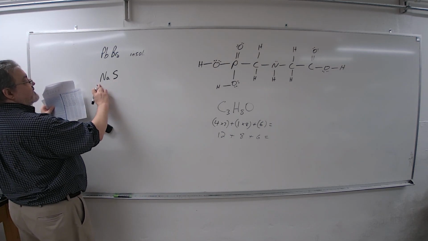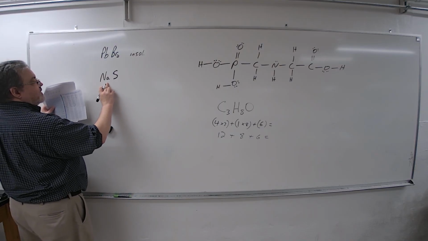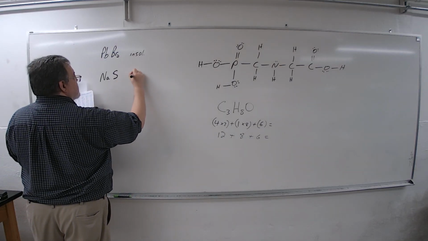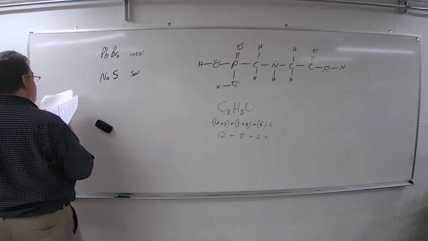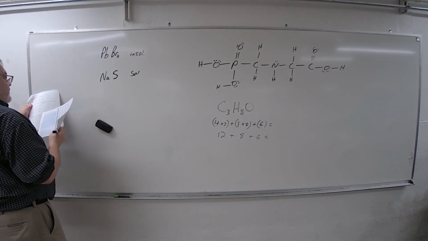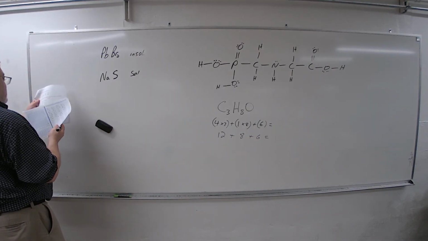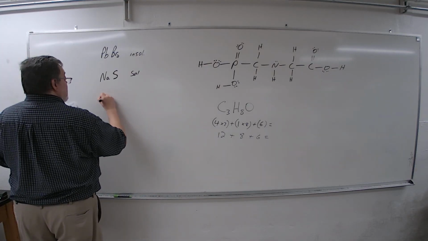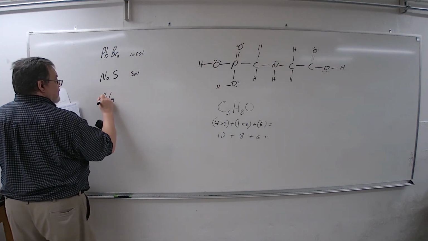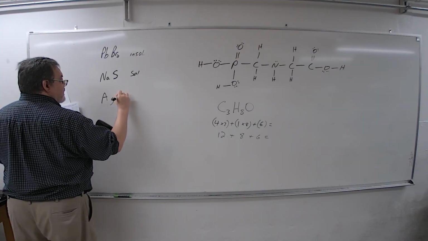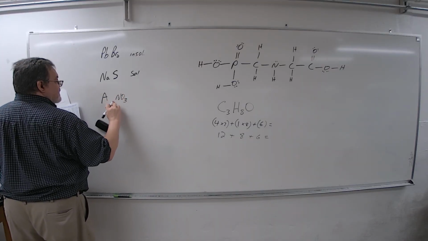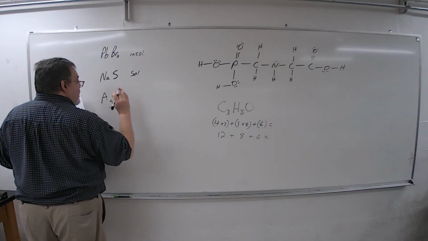Okay. This one, if you looked next to S, I don't have the chart with me. But if you look at sulfur, one of its exceptions to not being soluble is sodium. So this one is soluble.